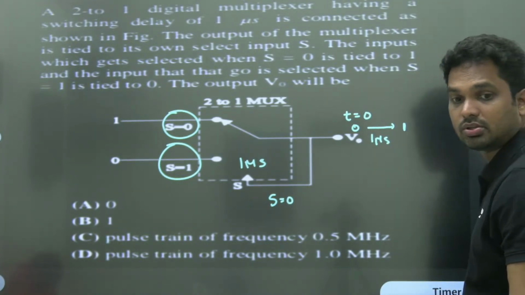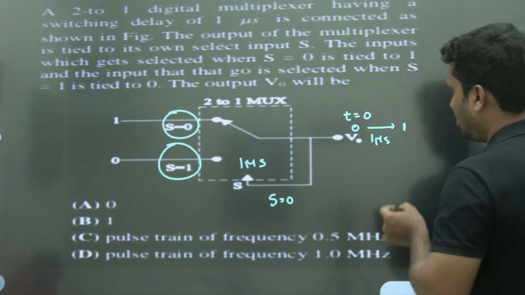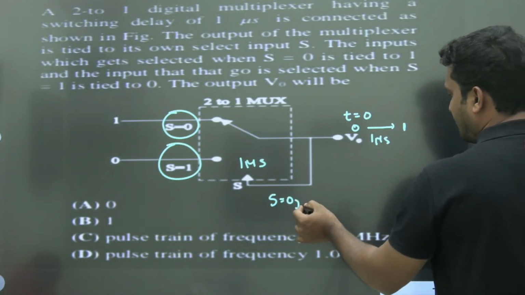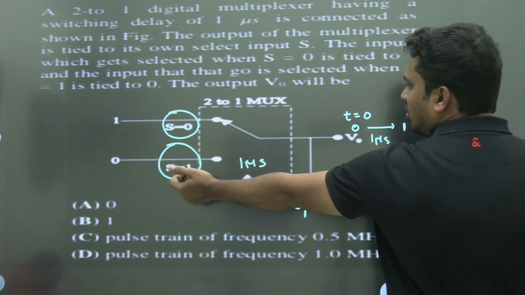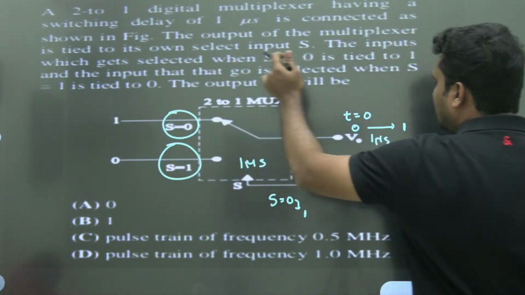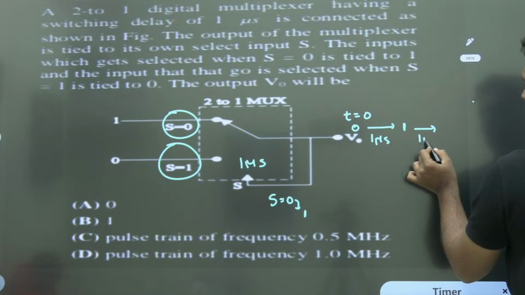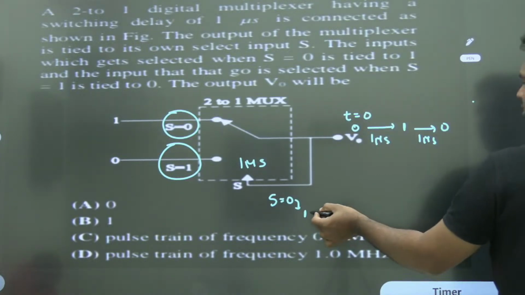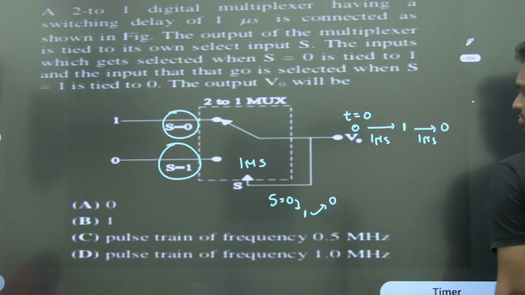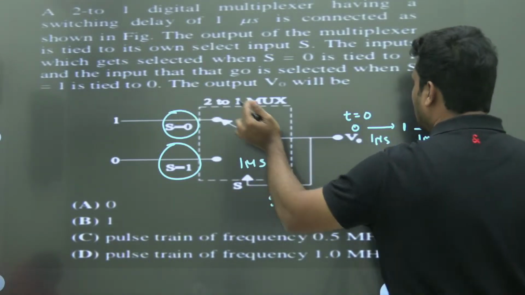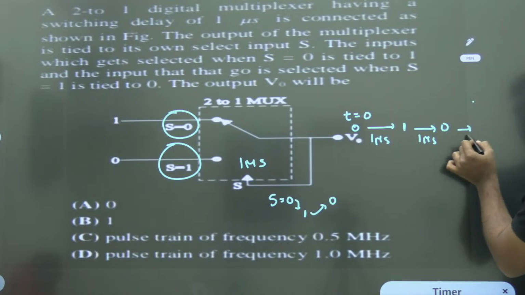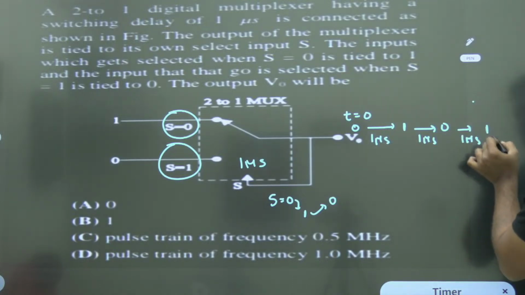Now this 1 will come back, then the switch will move to the other input. When S equals 1, the input is 0, which will come to the output after another 1 microsecond. So again this will become 0 because this is connected back here. So 0 will be selected and 1 will come after another 1 microsecond, and this process will keep repeating.